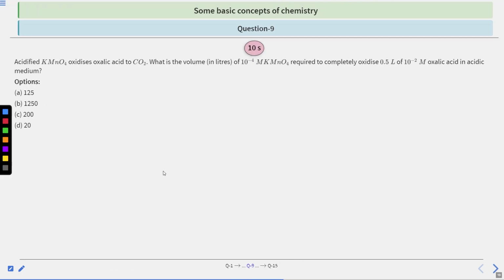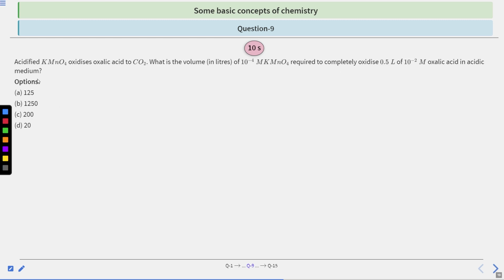Moving on to the next question, question number 9. Acidified KMnO4 oxidizes oxalic acid to CO2. What is the volume in liters of 10 to the power minus 4 molar KMnO4 required to completely oxidize 0.5 liter of 10 to the power minus 2 molar oxalic acid in acidic medium?